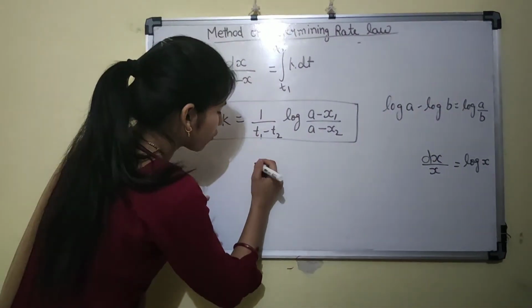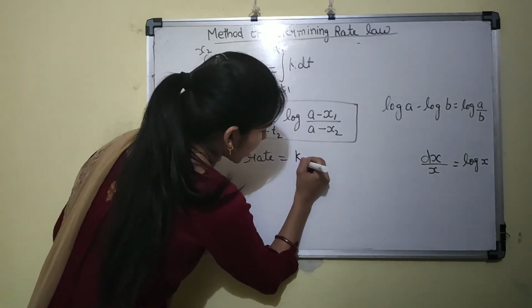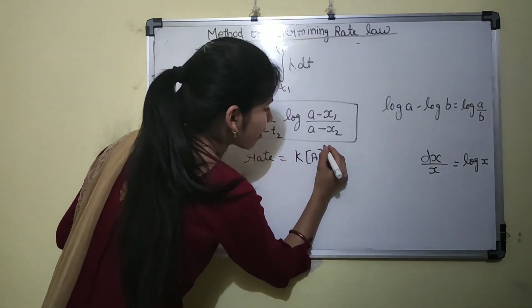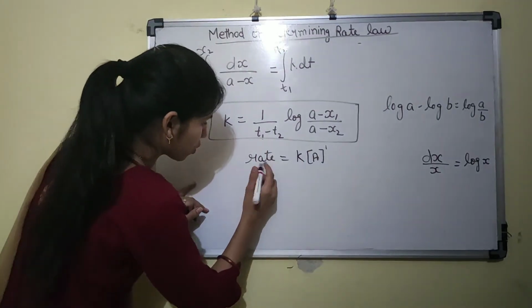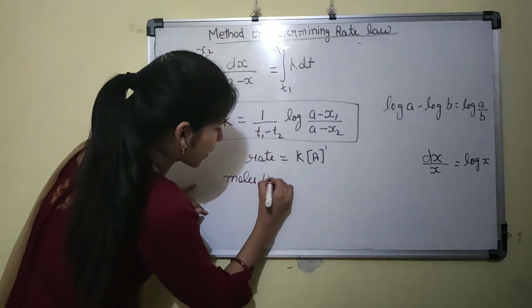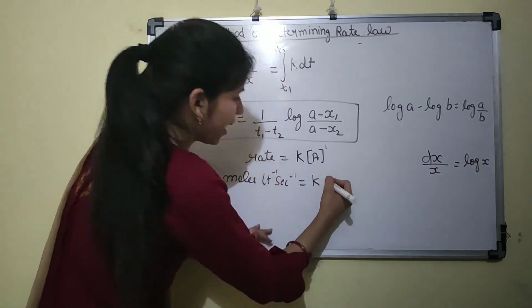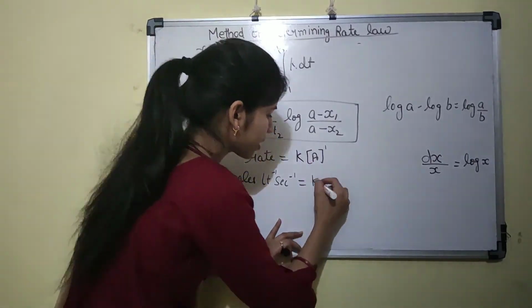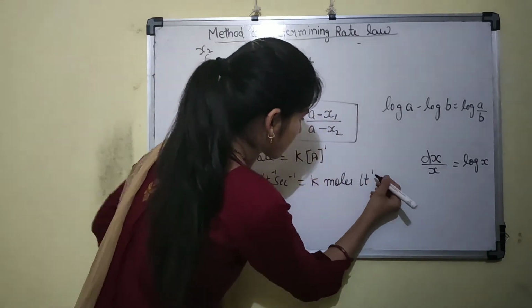Now the units of first order reaction. So rate is equal to k into A raised to the power 1, because this is the first order reaction. Units of rate of reaction is moles per liter per second, and unit of A is moles per liter.